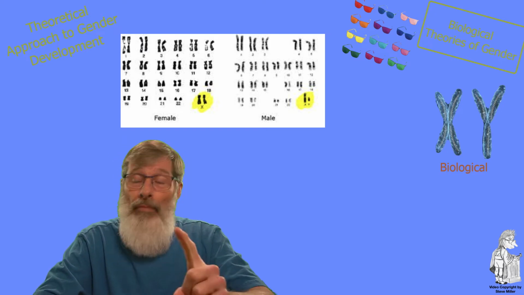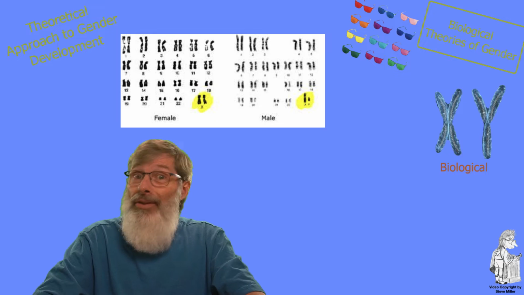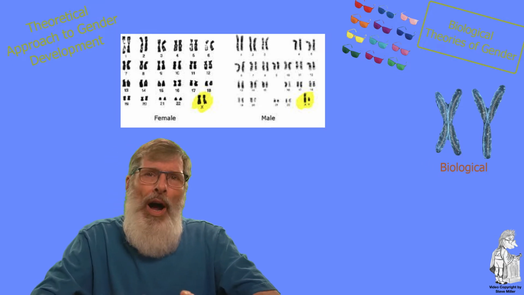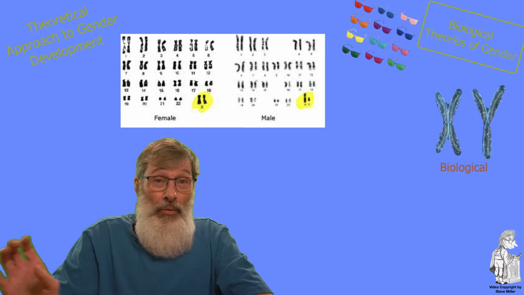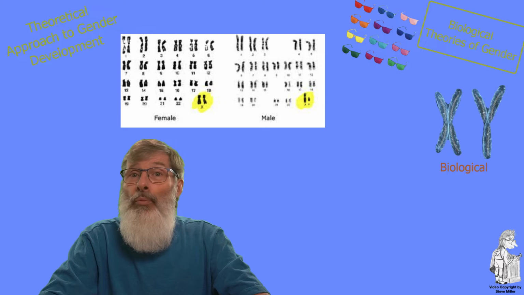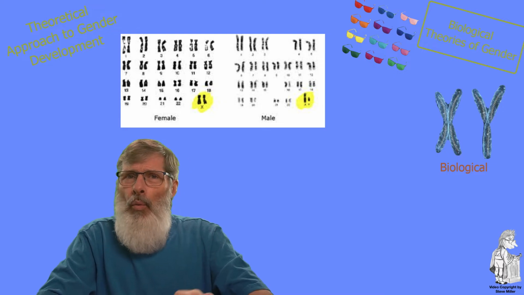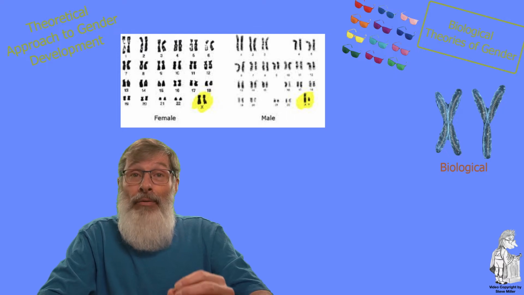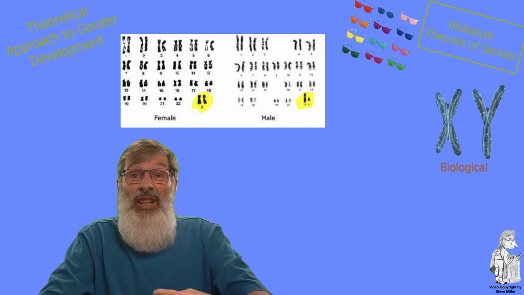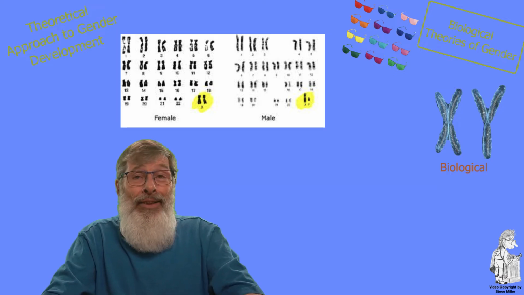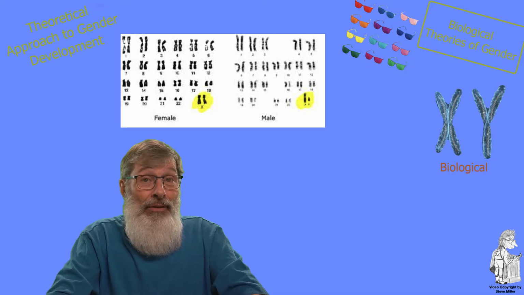Most females, XX. Most males, XY. There's an issue with the Y chromosome evolutionary-wise. Men are more prone to hereditary conditions than women. Because of the Y, men only have one Y and one X. If a Y is carrying a conditioned gene, there's no other Y that can correct that bad gene.